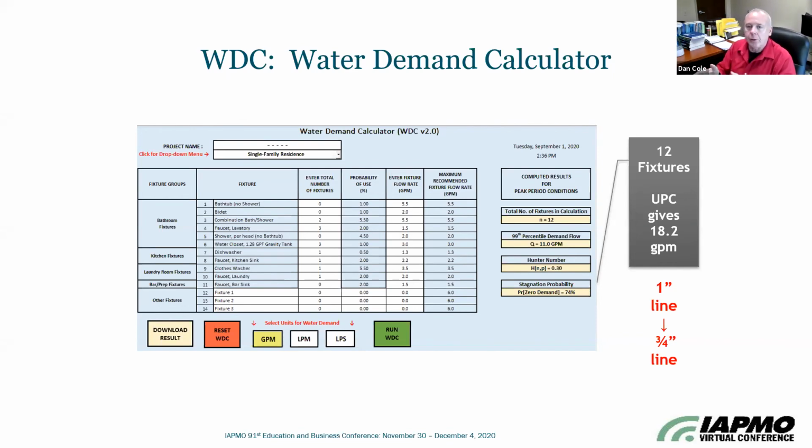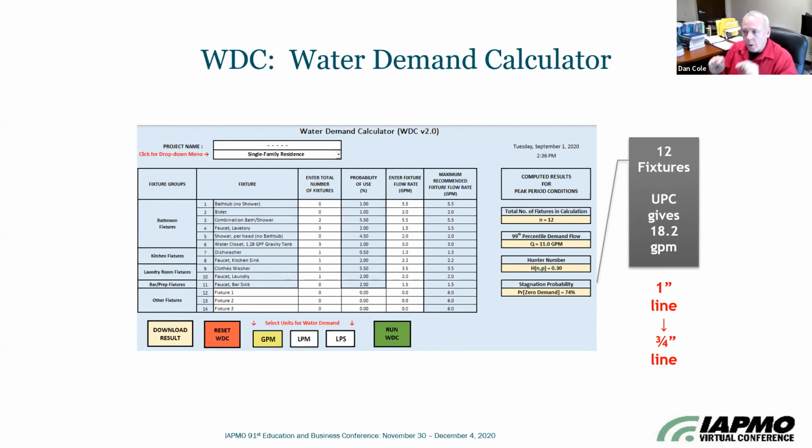Once you know what your estimate demand is, then you can use all the standard methods of pipe sizing, friction losses, entering in your friction losses, going to the charts in Appendix A, knowing now your flow rate, using the velocity diagonals to give you what the pipe size is.